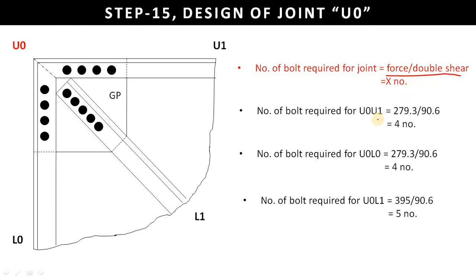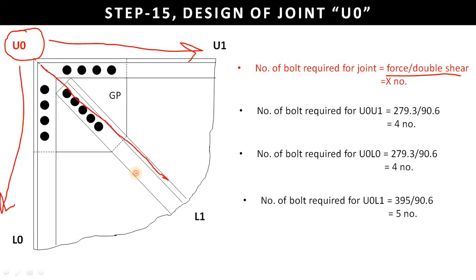The value of double shear will be 90.6. Now let us see, to design the number of bolts for the joint U0, you need the force in the member U0L1, then U0L0, and you need the force in the member U0L3.